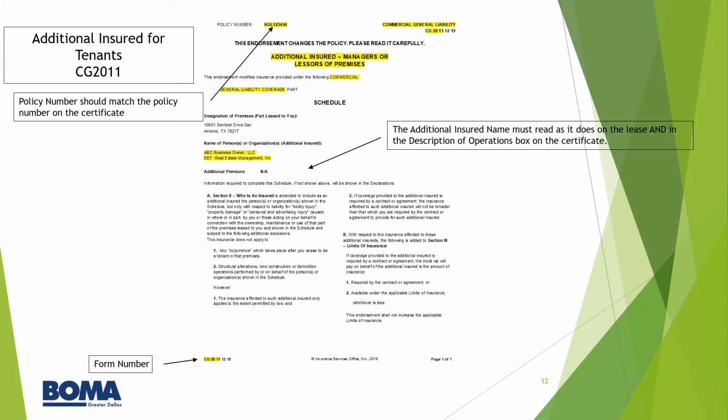And if you read in this endorsement, it does go on and talk about what's in the lease and not what's in a contract. And that's how you know that you have the correct endorsement, when the relationship is a tenant and not a contractor.